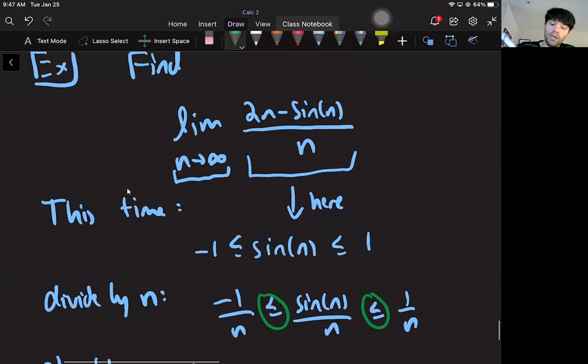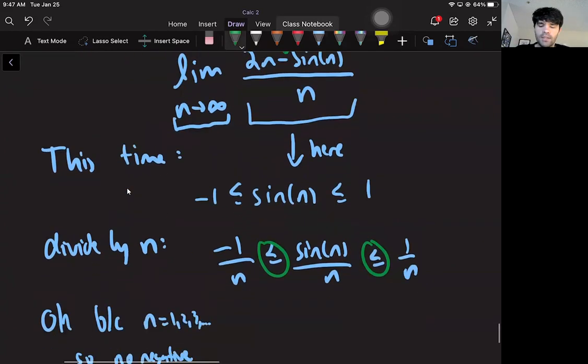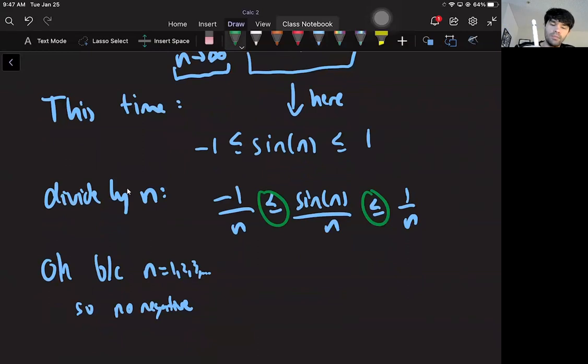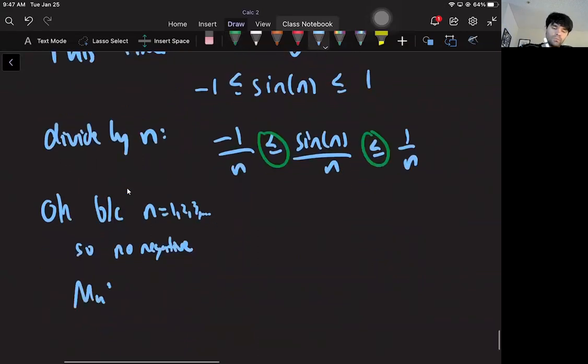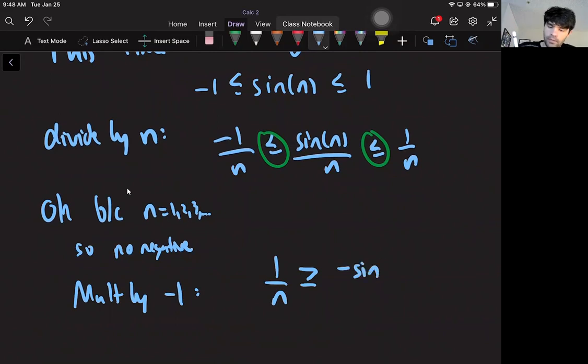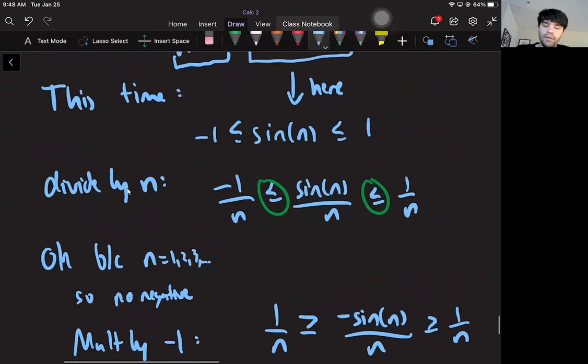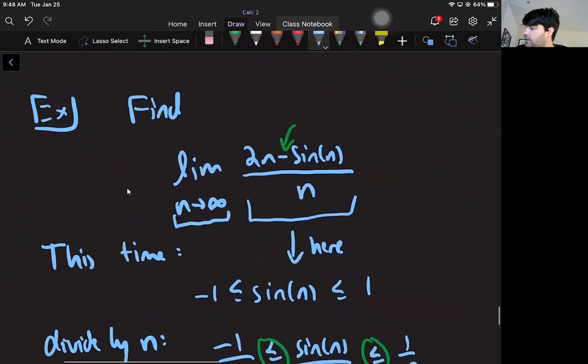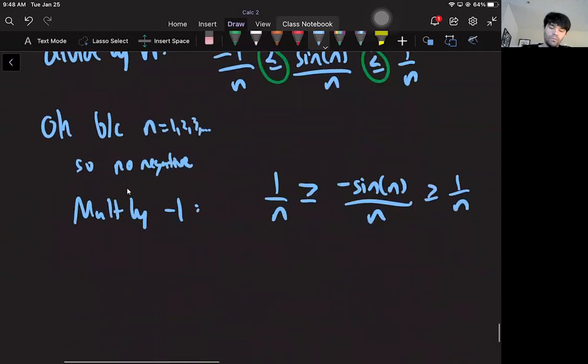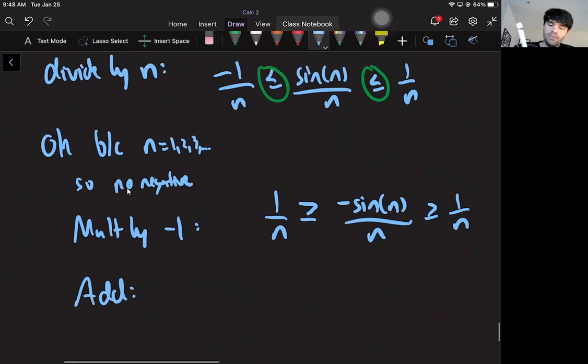So next, I do want a negative on my sine. So now I'm going to multiply by -1. And that will flip everything over. So this will become +1/n. The directions of the inequalities will flip. And we'll get that. And then I want this 2n in there. How can I do that? Now I'm going to add, well, I can't just stick a 2n in there.